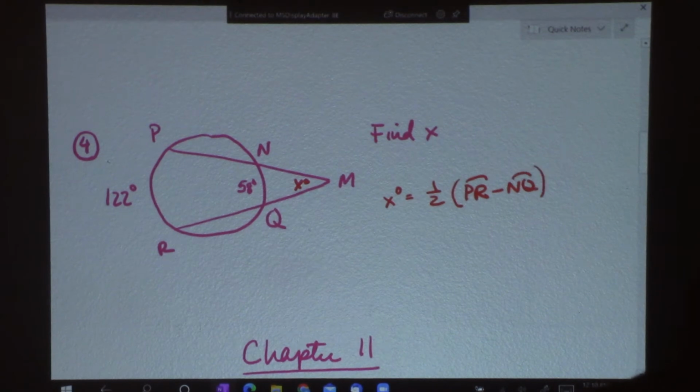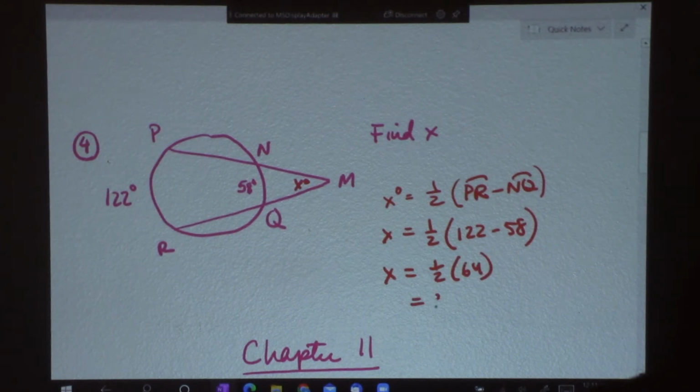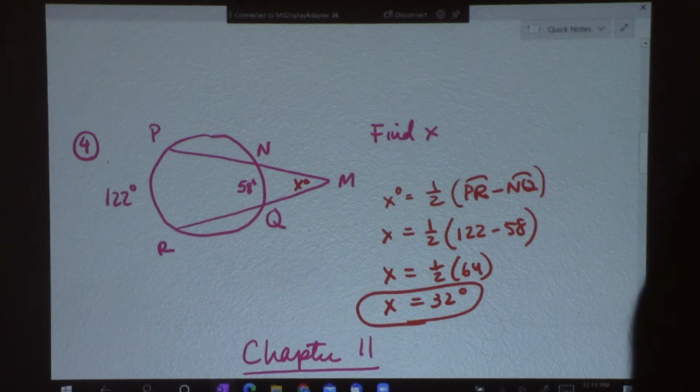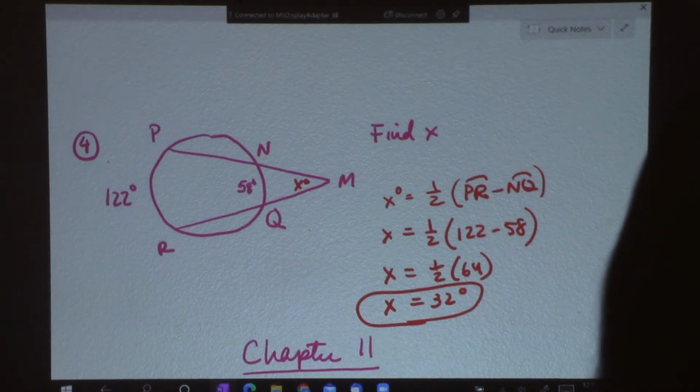Now those are using the letters that are on my picture, but if you looked it up on your foldable and found this picture, you would see a corresponding formula. So then I'm going to take half and I'm going to subtract 122 minus 58, and I will get my answer. So 122 minus 58 is 64, and if I take half of that, I get 32 degrees. Really, it's not that bad, okay? You just have to keep the formulas straight.